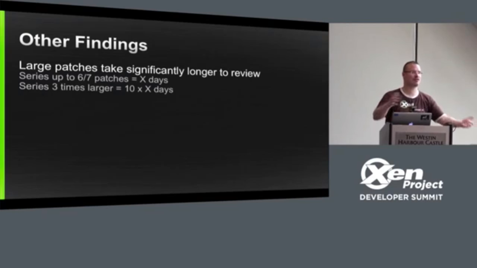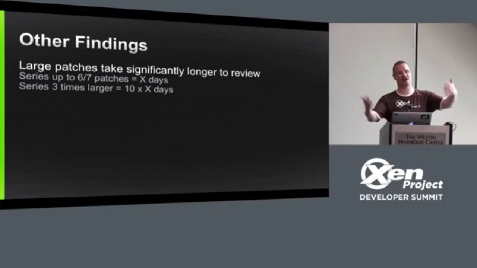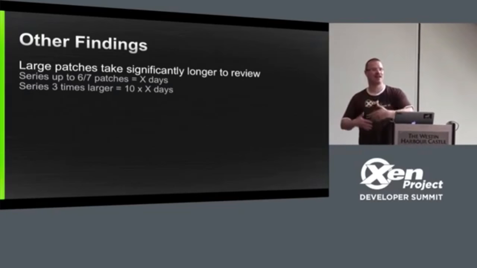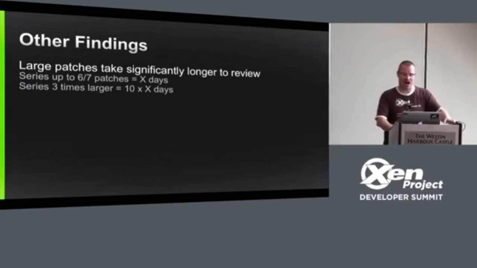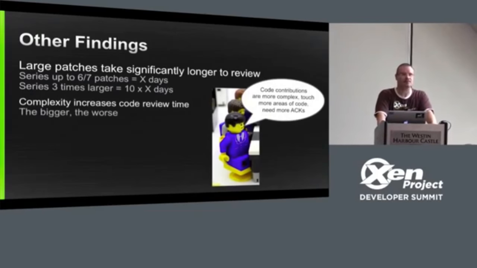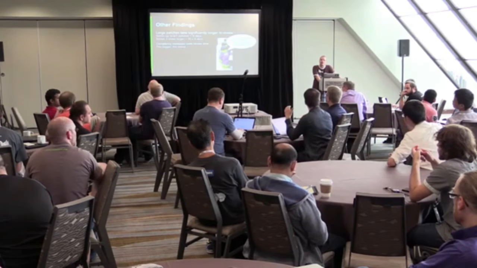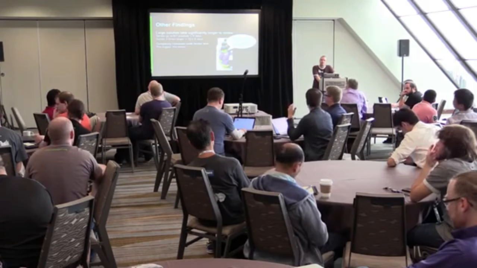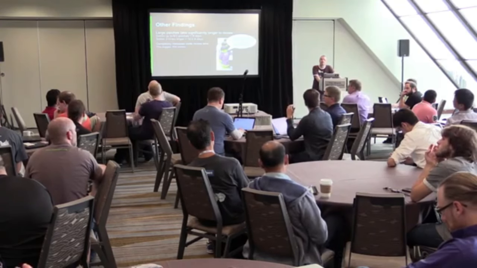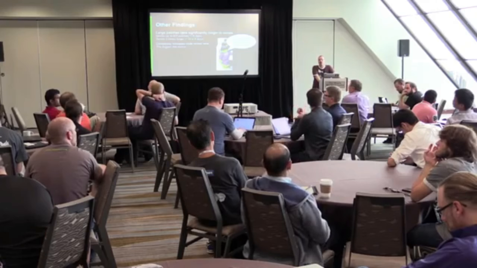Maybe there are too many acks needed from too many different people involved, and it's really hard to get everybody lined up to look at things at the same time. I think that is one of the things. I don't think the main issue is big series, it's a very big patch doing multiple things in the same one. Some series of maybe 20 patches can go really quick because they are really small and easy.